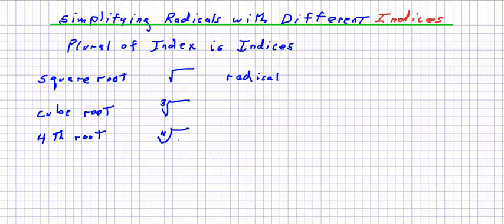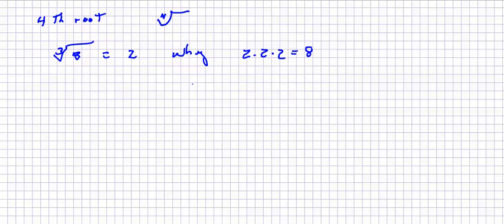So, for instance, what is the cube root of 8? It equals 2. Why? Because 2 times 2 times 2, 3 times, is equal to 8. Now, we know that we can't do the square root of a negative number, but we could do the cube root of negative 8 is negative 2.